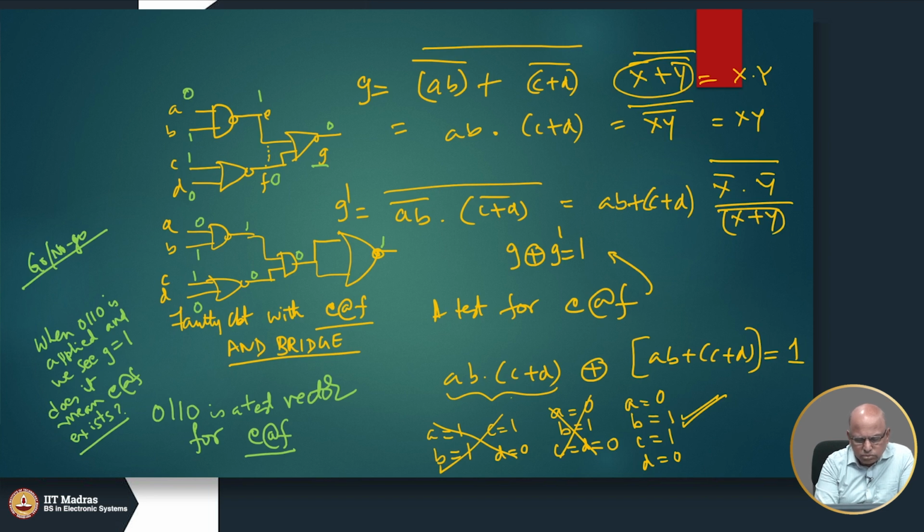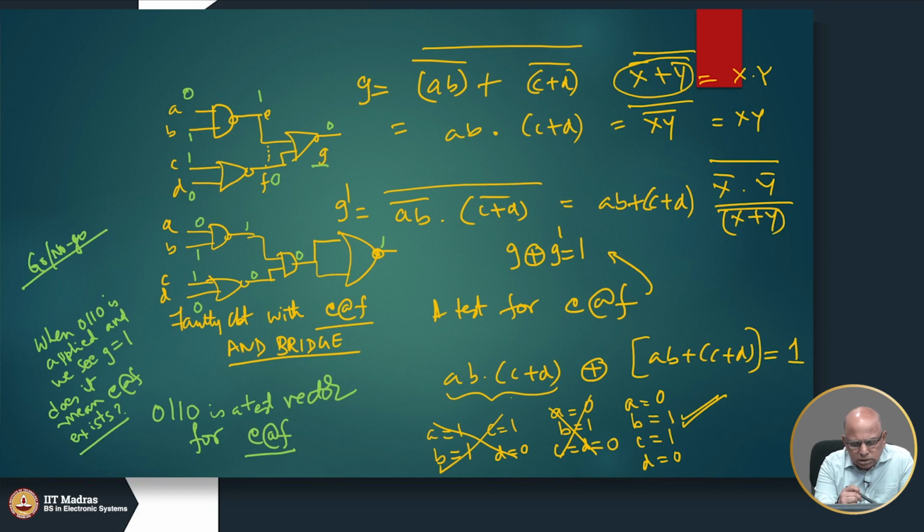We cannot conclude that the bridge fault between E and F is there. There may be many reasons why G is showing 1. It could be that G is stuck at 1, or it could be because E is stuck at 0. If E is stuck at 0, then also the circuit will produce a 1.